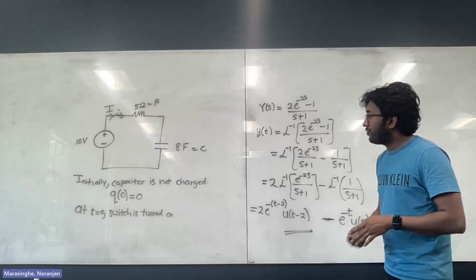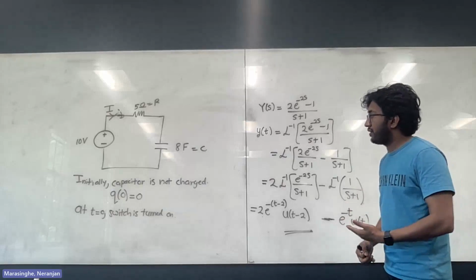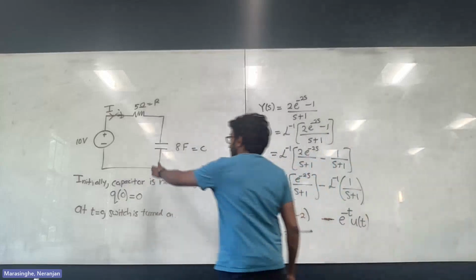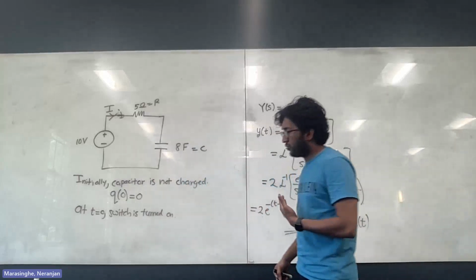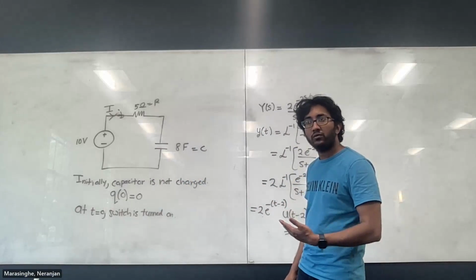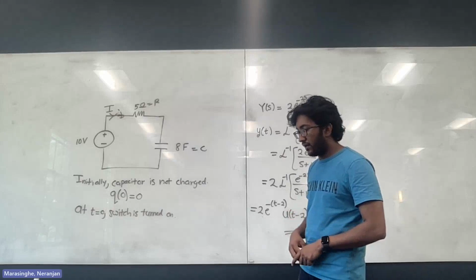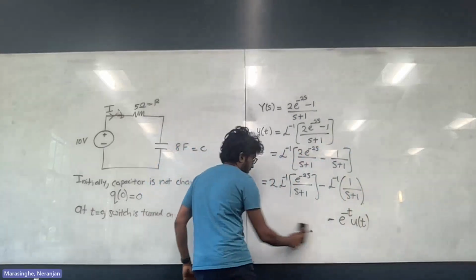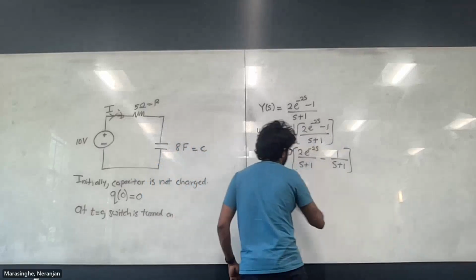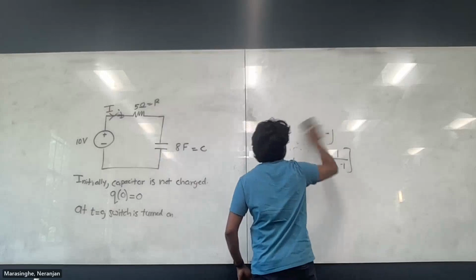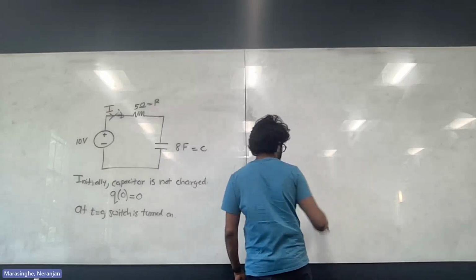Now, first we would obtain a differential equation for the charge on this capacitor. That is, I need to obtain a differential equation that involves Q. How do I get that equation?